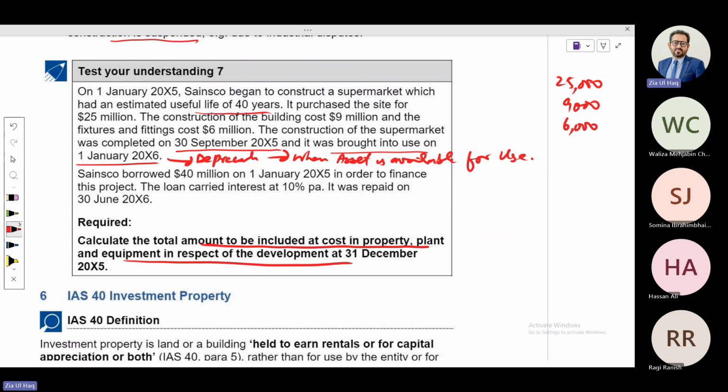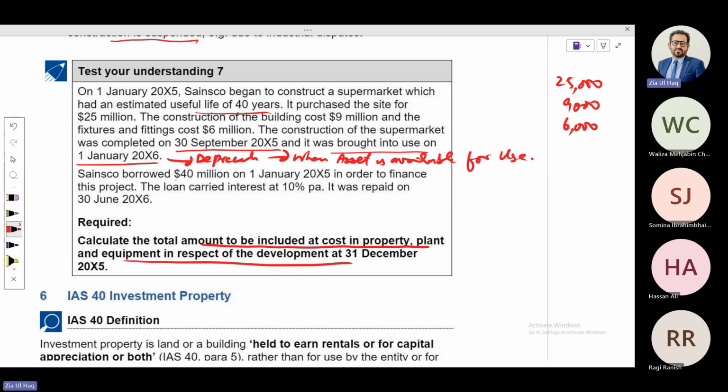If the asset was not available for use in the current year, there will be no depreciation. Though the asset completed on 30th September, it was not available for use on 30th September. When it was available on 1st January, depreciation will start from next year, not in the current year. Okay, so these costs should be capitalized and there shouldn't be any depreciation.